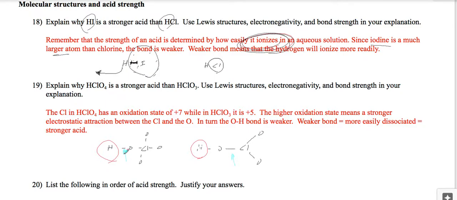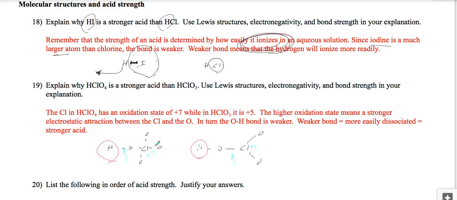Now it turns out that when we have higher oxidation states, this has a +7 oxidation state, this has a +5 oxidation state, there's a greater electrostatic attraction between the central atom and the oxygens that are bonded to it. So we have a greater positive charge, greater attraction to these things. Since there's a greater attraction to these oxygens, that means that it weakens this bond, and that bond becomes easier to break.